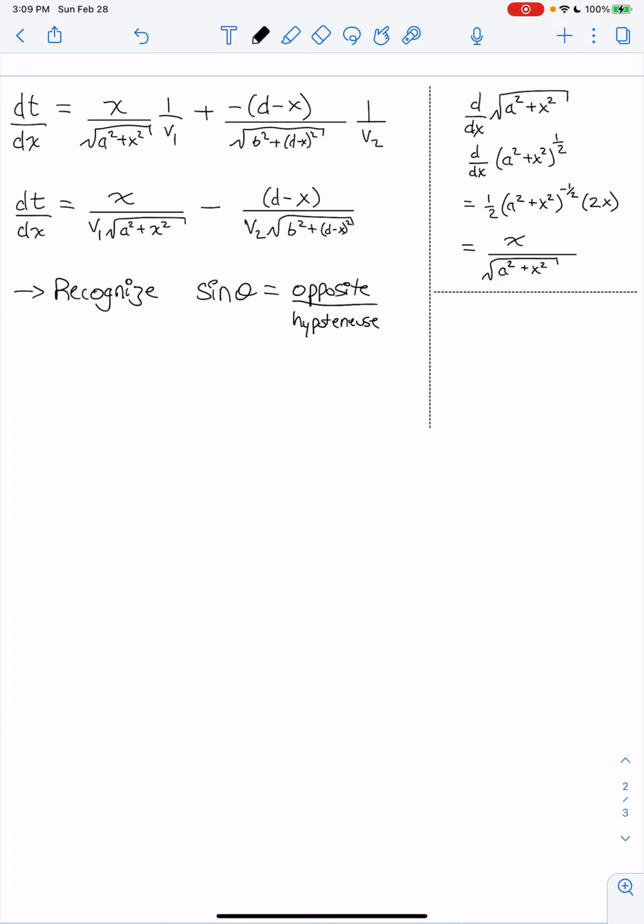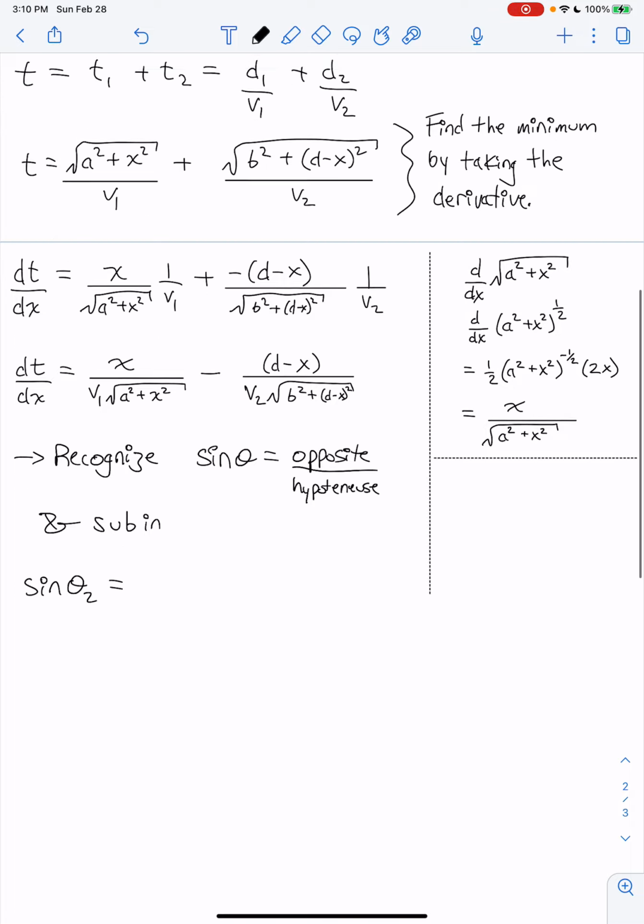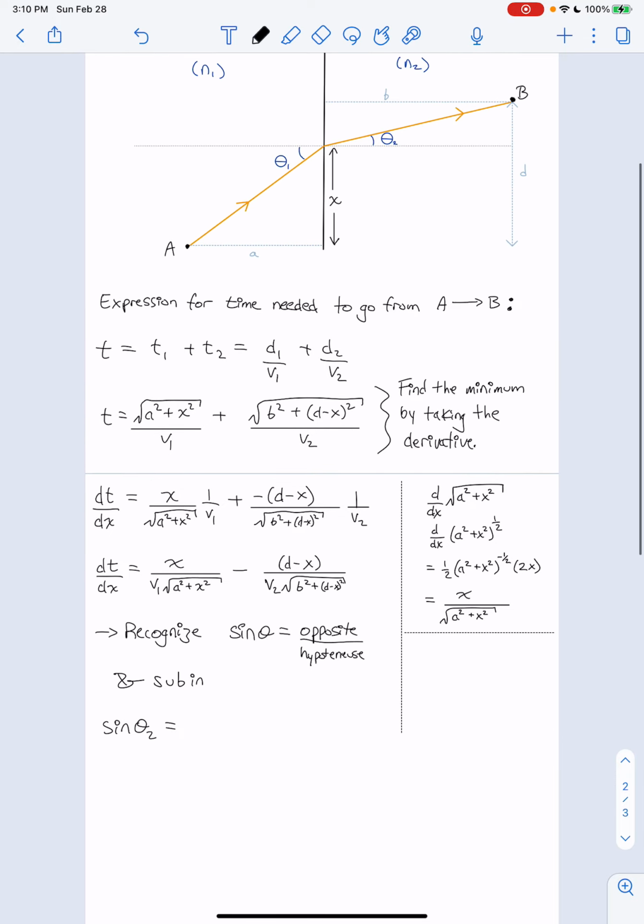And so we're going to sub in the fact that sine theta 2 is going to be equal to, well, let's think about this geometry here. Sine theta 2 is going to be equal to the opposite, which is here, over the hypotenuse, which is there.